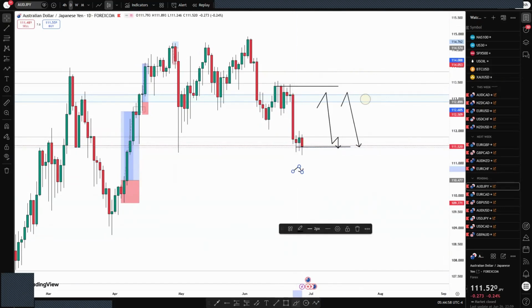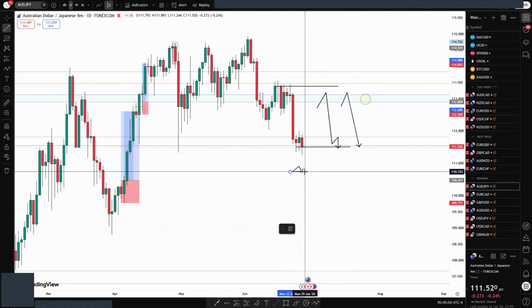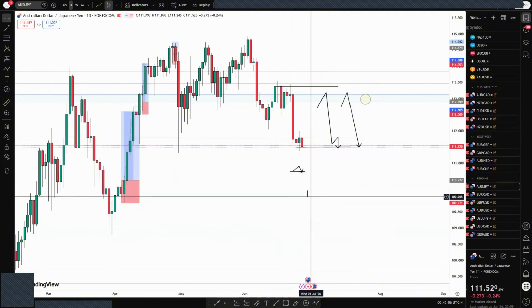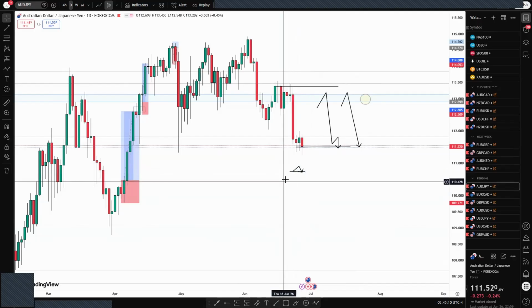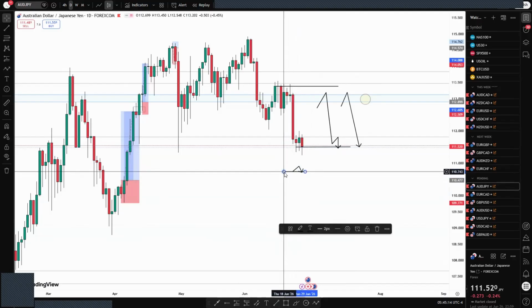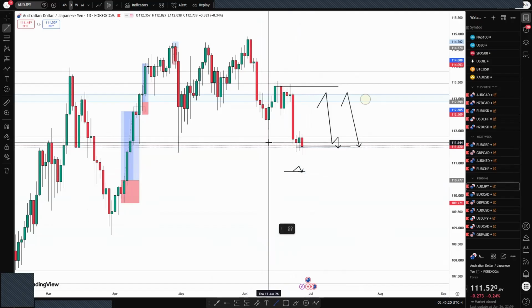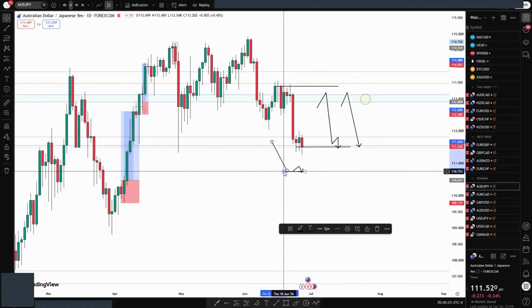But the lower side is in this direction. This is how the structure is looking. Then price drops in this way. This is how we are looking.